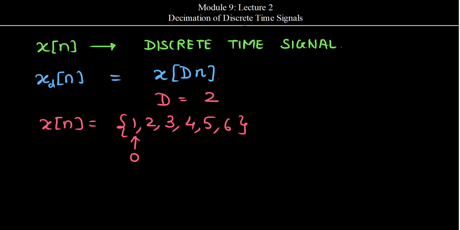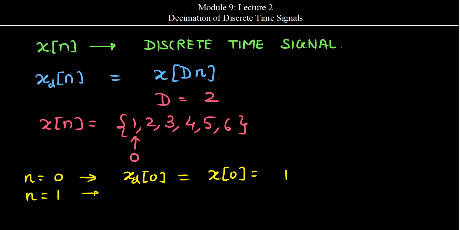Now if we try to find the values or sequence for this xd of n, which is derived from this x of n, suppose I consider n equal to 0, then xd of 0 is given as x of 0, which comes out to be 1. Then for n equal to 1, we have d as 2, so we need to find x of 2n.